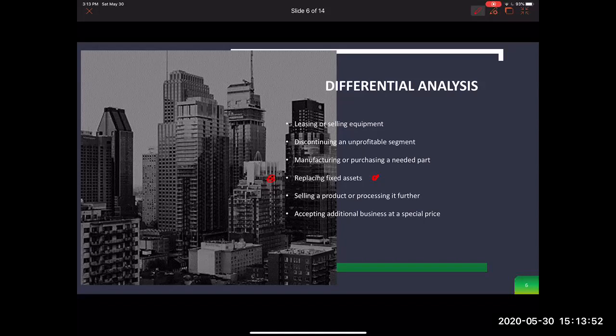So when we're looking at replacing equipment, we recognize that the usefulness of fixed assets may decrease before it's completely worn out. And so that old equipment may no longer be as efficient as a new piece of equipment. So therefore, we're trying to go through this analysis financially to see if it makes more sense to stick with one alternative versus the other, okay?